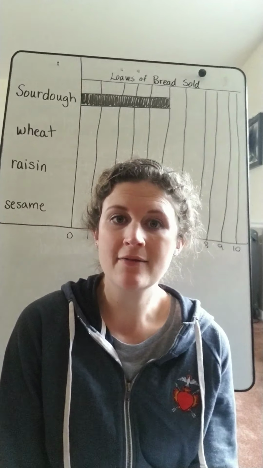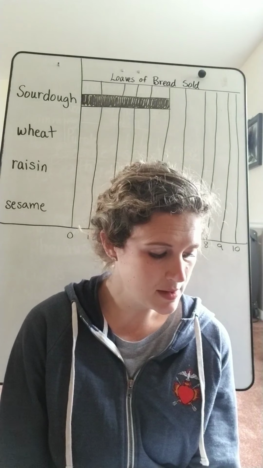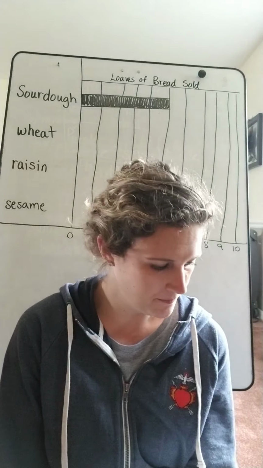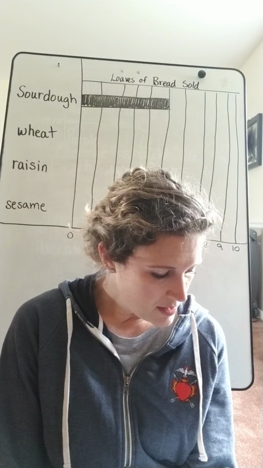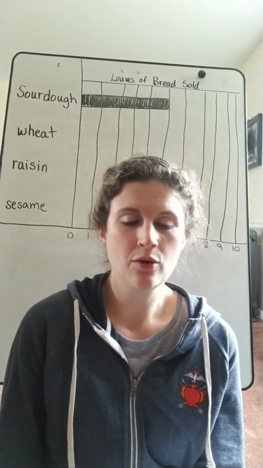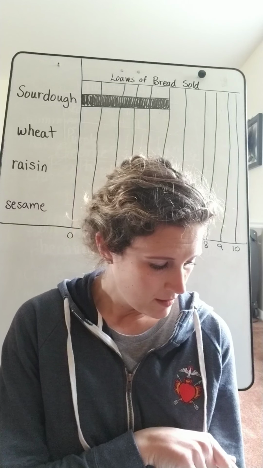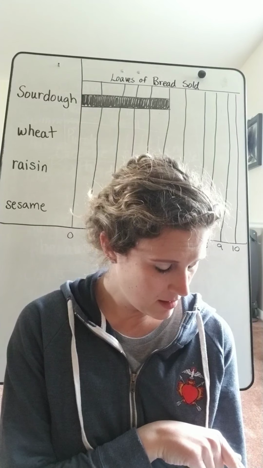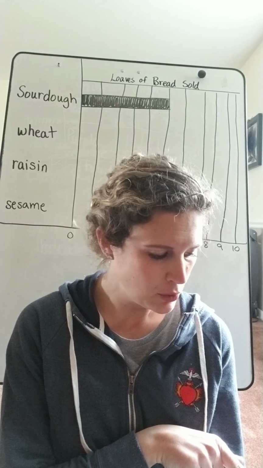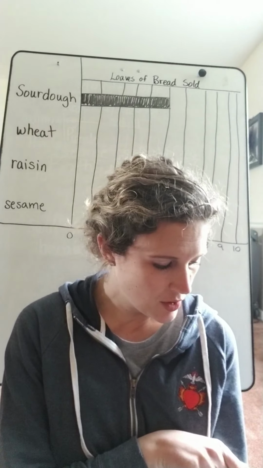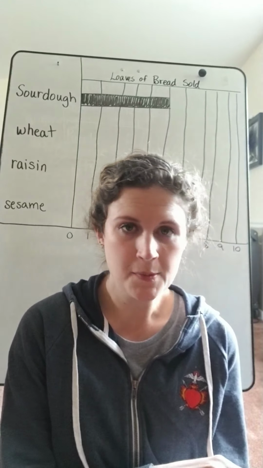So bar graphs, you have to include a title. So this title is going to be birds at a bird feeder. Include enough numbers to show all the data. So you always start at 0 and go up. On your page, it's like a blue chart, starts at 0 at the bottom and then goes up to 10.